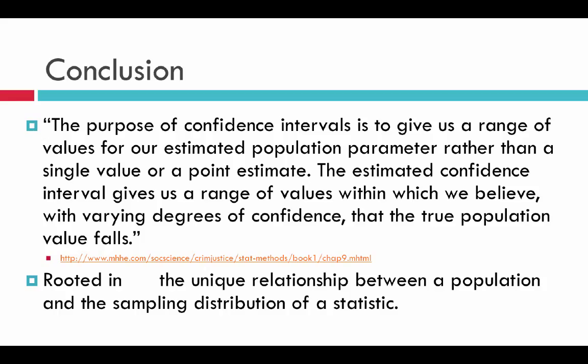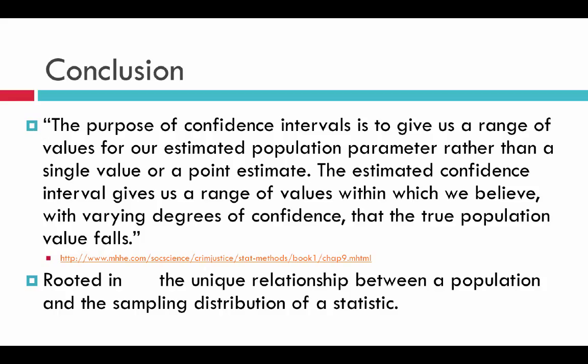Now we know that for a given confidence level, whether it be a 90, 95, or 99% confidence interval, that doesn't mean that there is a 99% chance that that interval contains that population parameter.